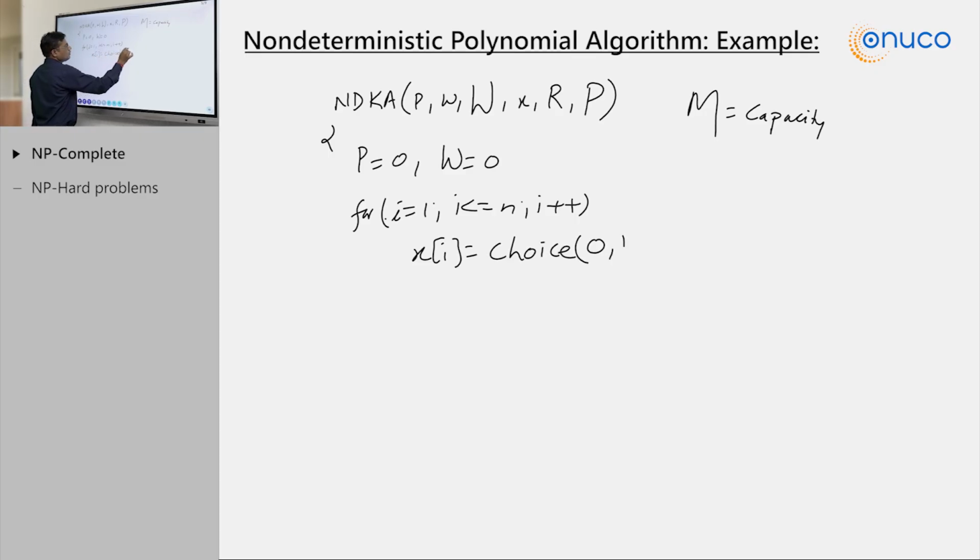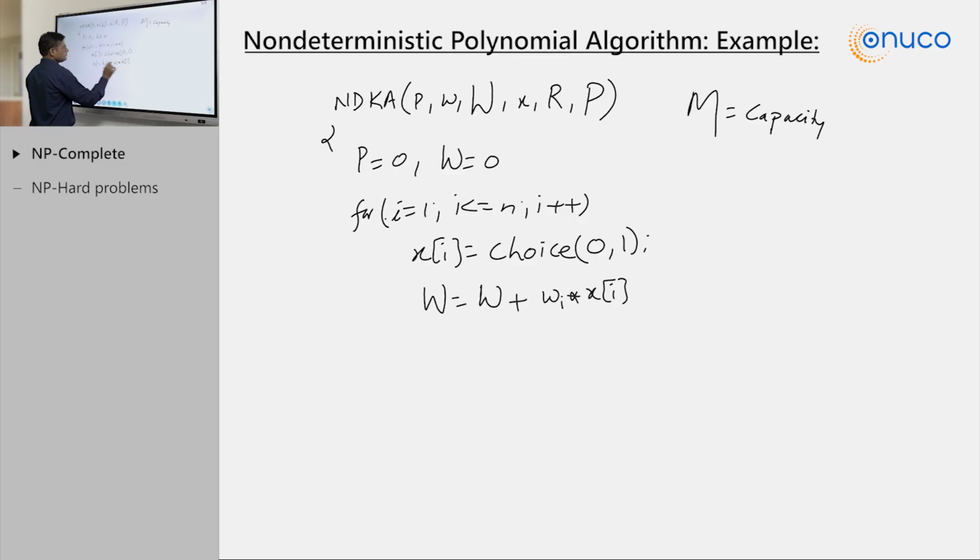Maybe the choice will be 0 or 1, element selected or not selected, both choices. If it is selected, then we compute W equal to W plus small w of i into x of i.